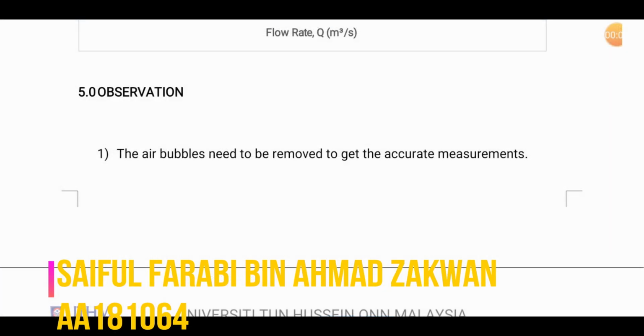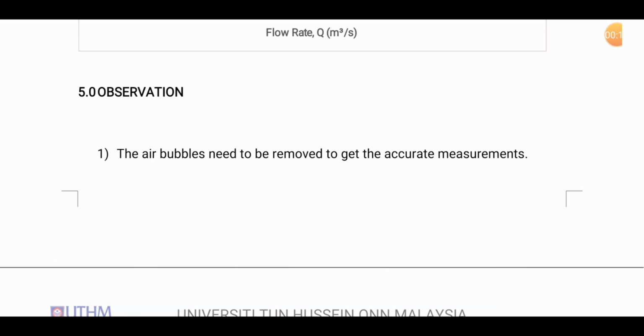So now I'm going to discuss the observation that we got while watching the experiment videos. The first thing that we realized is the system contains air in it, and the air should be removed from the system to get accurate measurements.